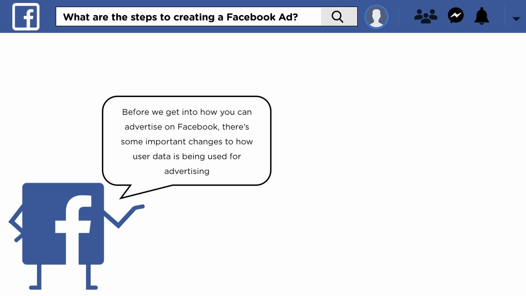Before we get into the steps for creating an ad on Facebook, let's talk about some of the important changes that have happened on Facebook recently in light of data sharing. Facebook made an important change to how user data is being used for advertising.